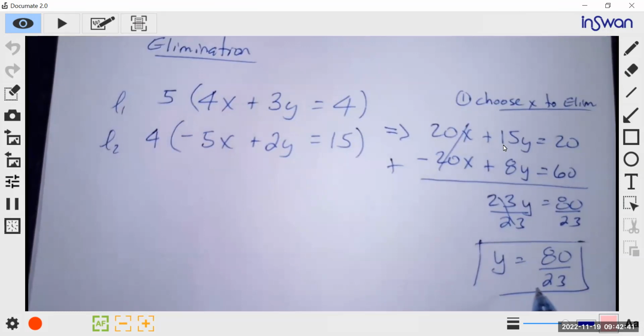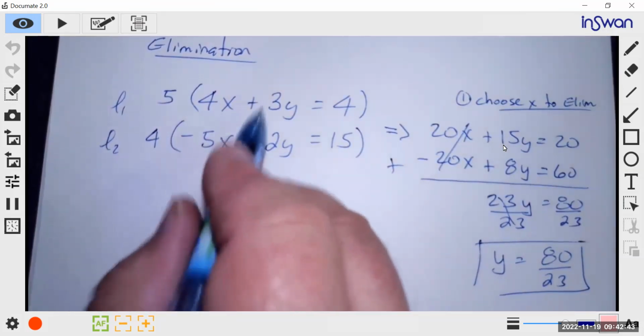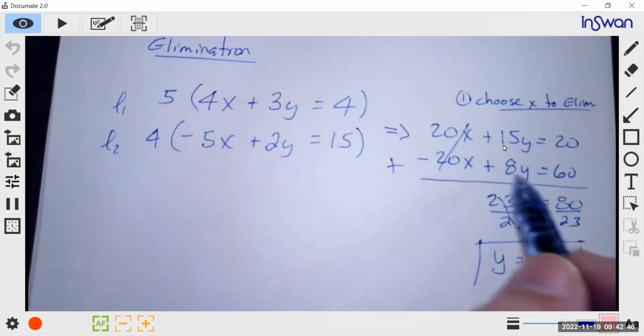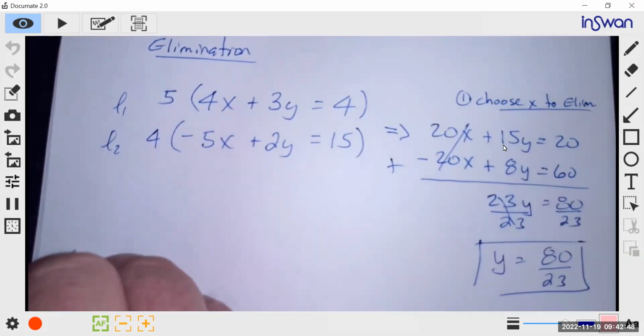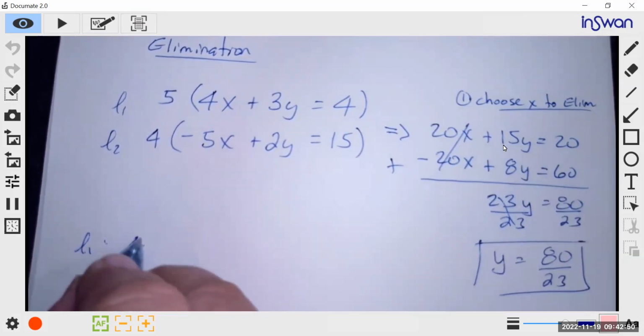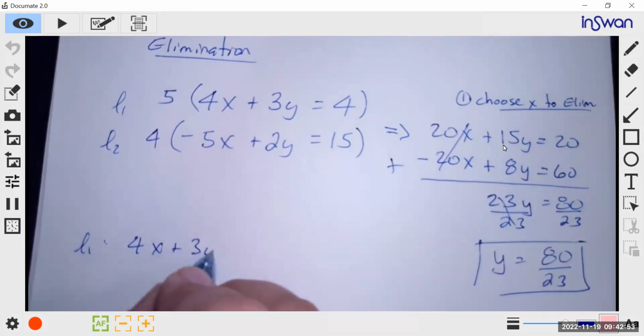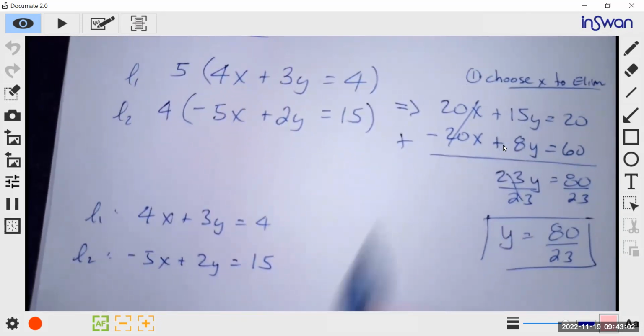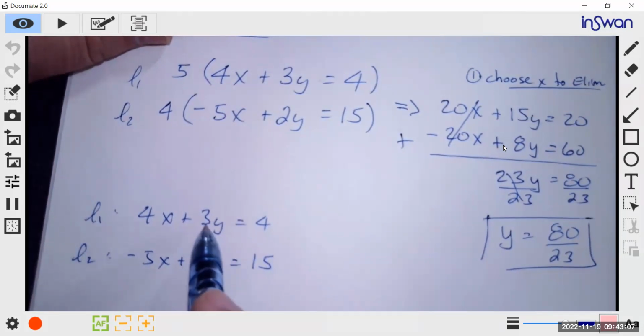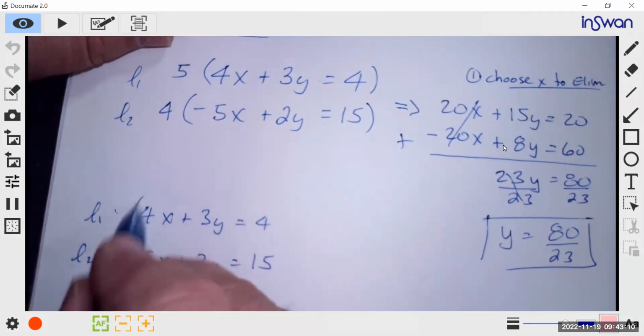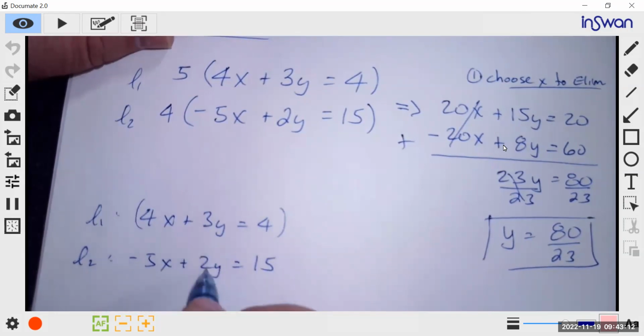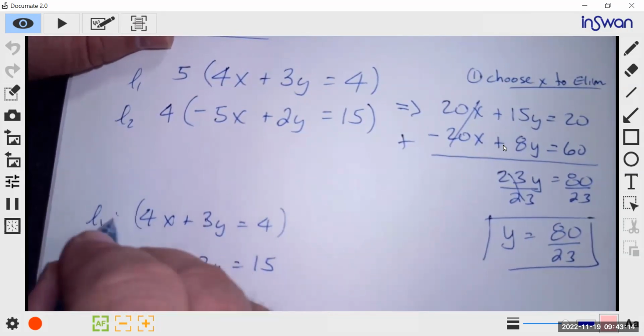Since we have y, we could plug it into either one of the original equations, or we can repeat the process we just did. Since we got rid of the x in the first one, let's get rid of the y's here. They're both positive, so one of them has to be negative. With 3 and 2, the easiest number is 6.